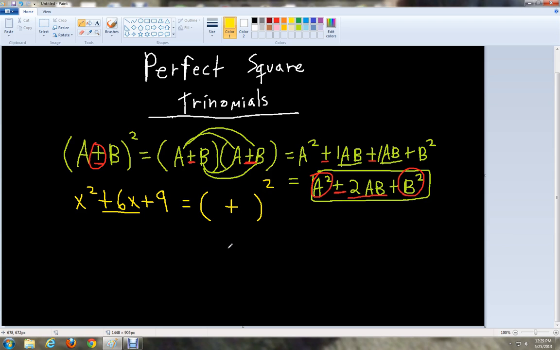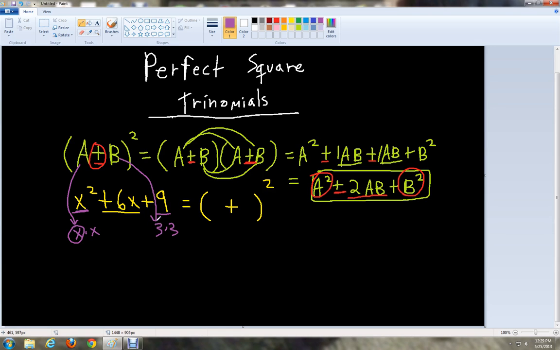The only thing we need to do now is determine, we know it's a perfect square trinomial, and we can identify it because we notice that x squared, that's x times x. So the value of a would be x. And with 9, we have 3 times 3, so that'd be our b.